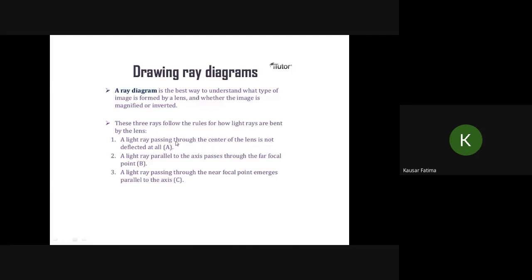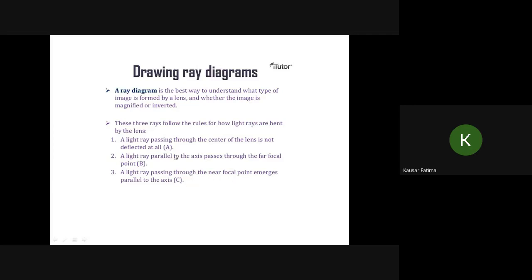There are three types of basic rays. The ray that passes through the center of the lens is not deflected at all, it will go straight. The ray of light parallel to the axis passes through the far focal point. A ray passing through the near focal point emerges parallel to the principal axis.